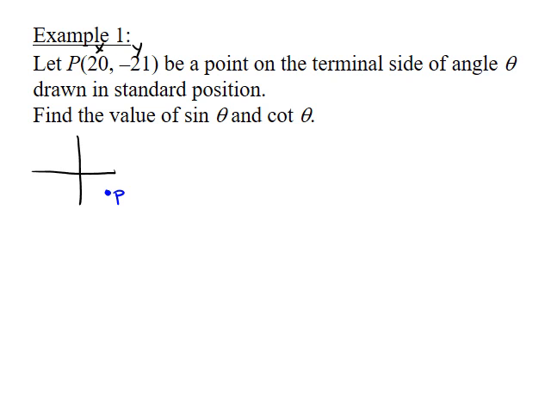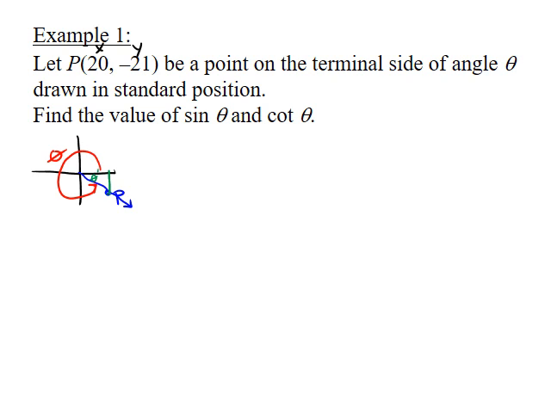This is on the terminal side of our angle, which means this is angle theta. Then what we will typically do is drop a perpendicular here, and we'll call this theta prime. It's the reference angle, which we'll talk about a lot in a couple of slides, but I'm just going to get your feet wet here.